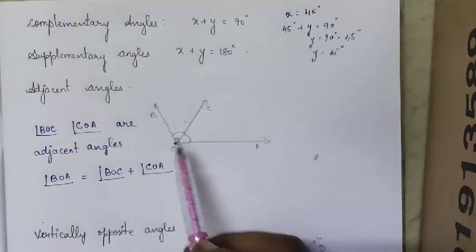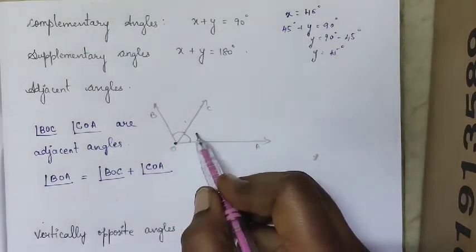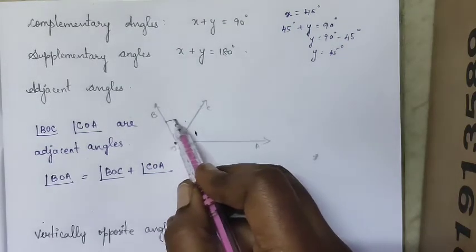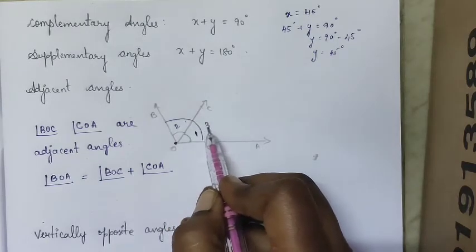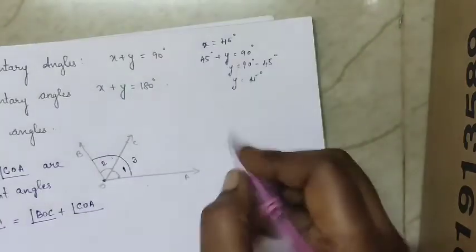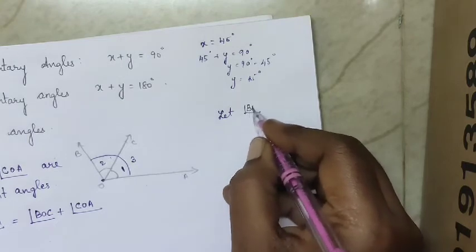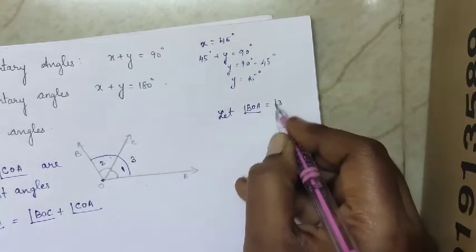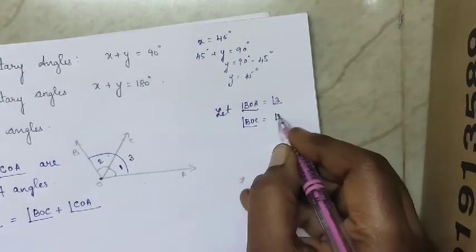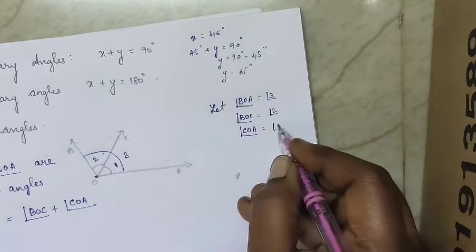Now see here, instead of writing BOC and COA, we can give numbers. This is angle 1, this is angle 2. The entire angle let us take as angle 3. At the start of the sum itself, we have to define: let angle BOA be equal to angle 3, angle BOC equal to angle 2, and COA equal to angle 1.